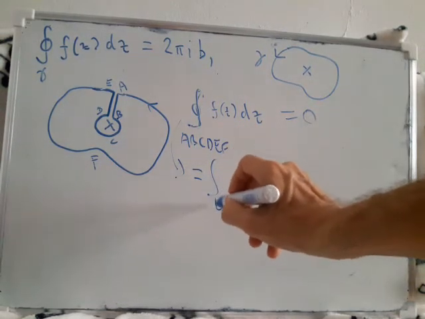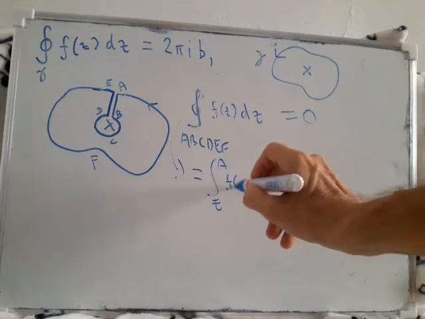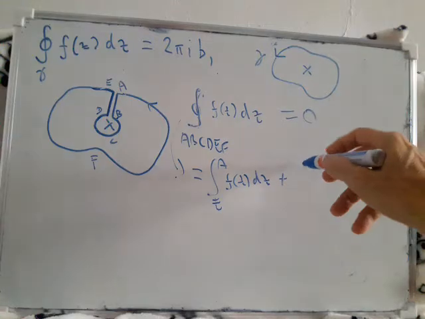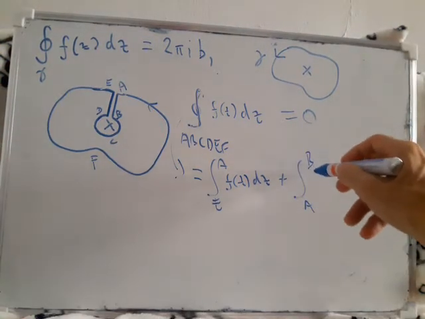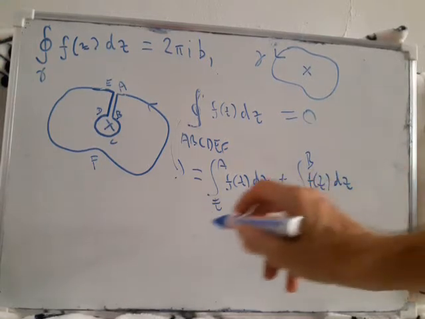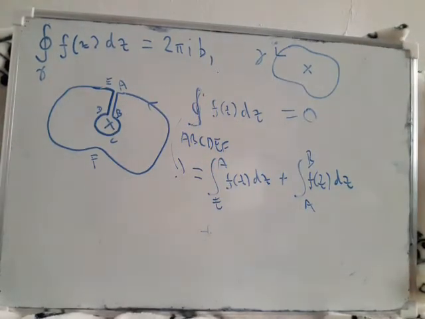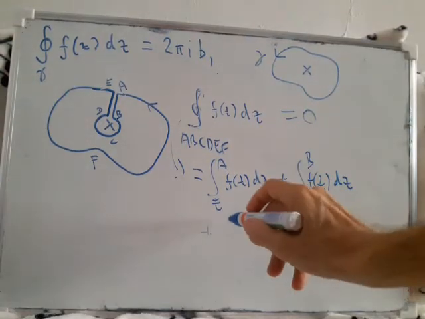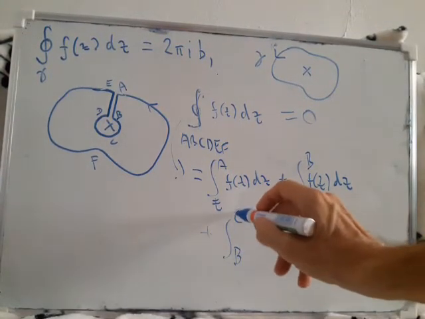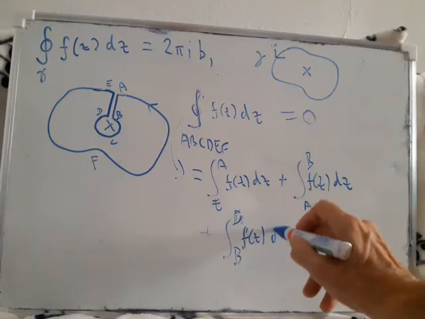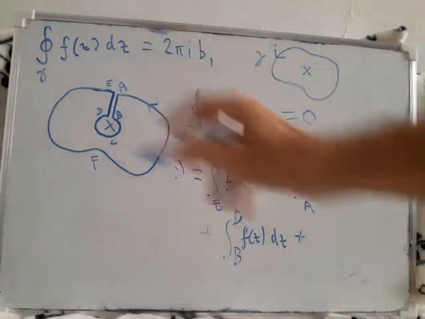It's the integral from E to A of, then it's from A to B, then it's around, B to D, just around the little circle. And then D to E.